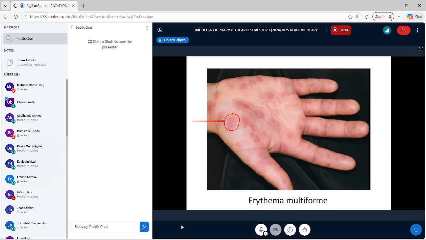So if you see more than 30%, we use the term toxic epidermal necrolysis. When it's less than 10%, we use the term Stevens-Johnson syndrome. And if you have extensive necrosis, then we tend to prefer toxic epidermal necrolysis, a hypersensitivity reaction.